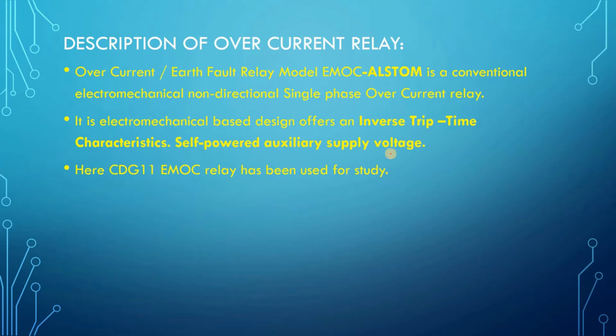It is self-powered. That means whatever current you are giving, the normal operating current, is the power supply for this electromechanical overcurrent relay. No extra power is required. And we are going to use this CDG11 model made by Alstom to test in this experiment.